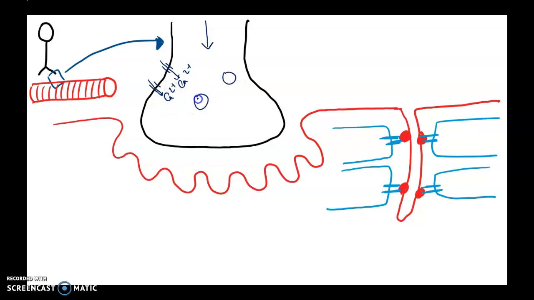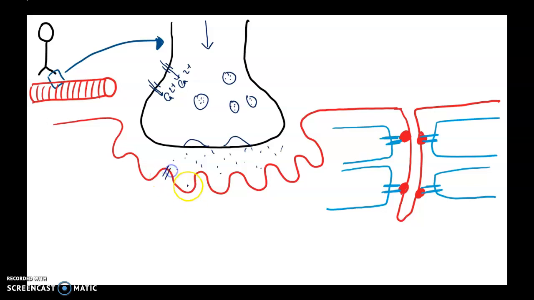Calcium causes these vesicles, called synaptic vesicles, which are filled with acetylcholine, to fuse with the presynaptic membrane and exocytose acetylcholine into the synaptic cleft.